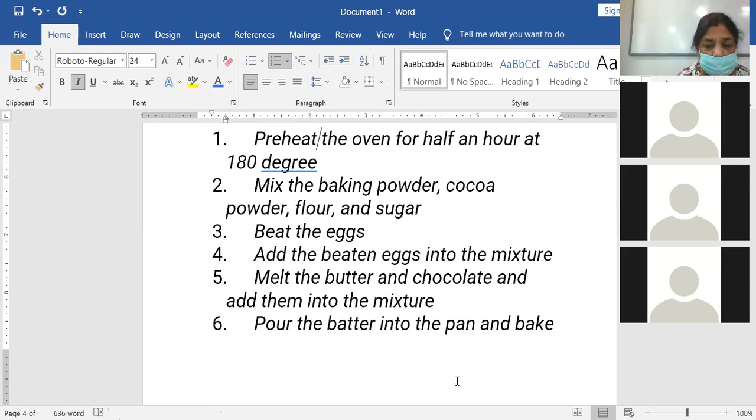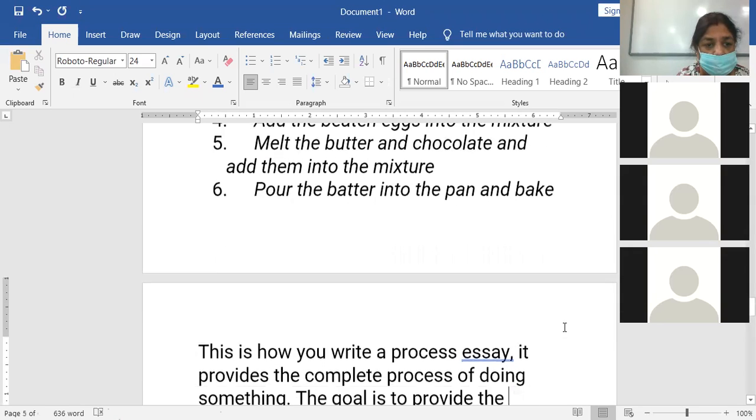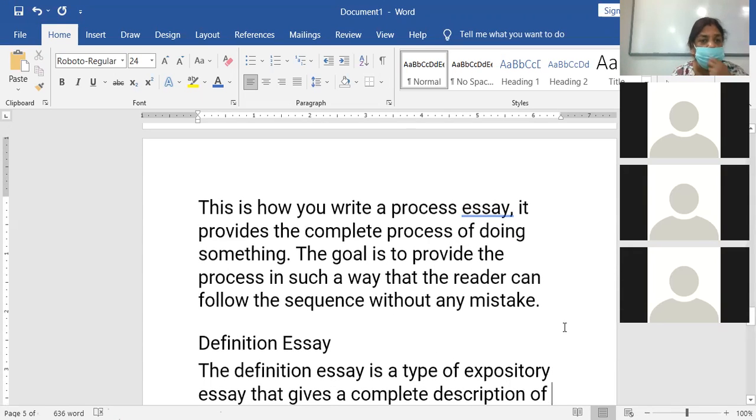Pour the batter into the pan and bake. So this is coming in a process. This is how to write a process essay. It provides the complete process of doing something. The goal is to provide the process in such a way that the readers can follow the sequence without any mistake.